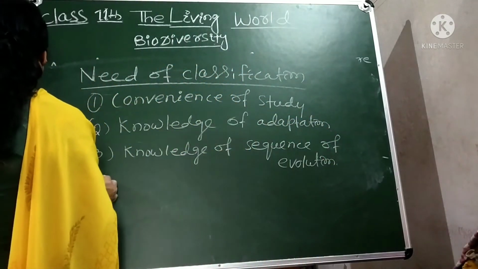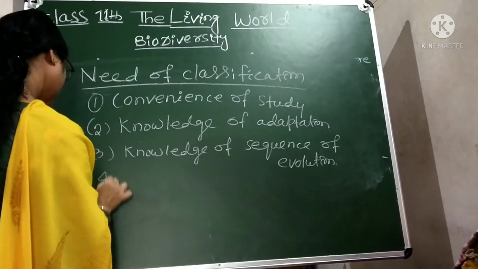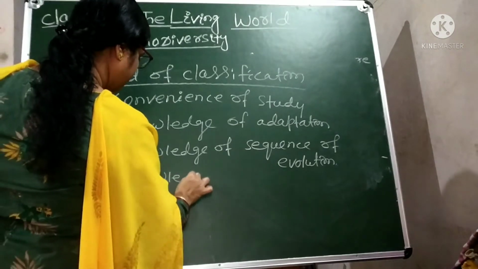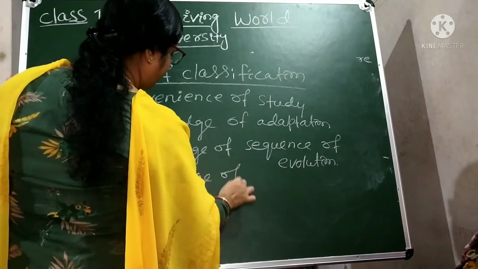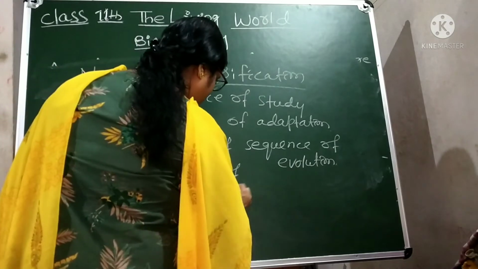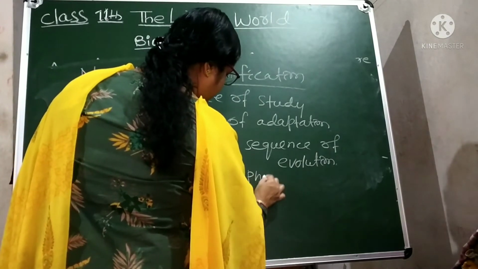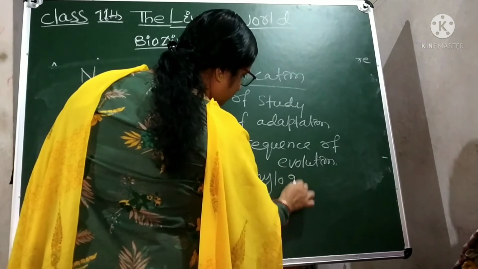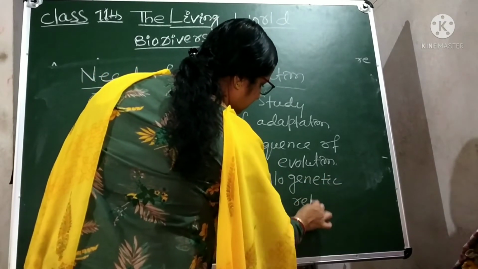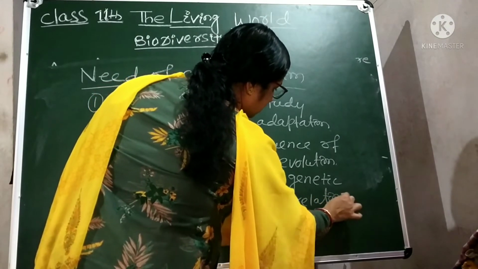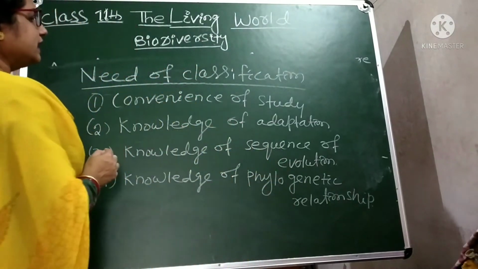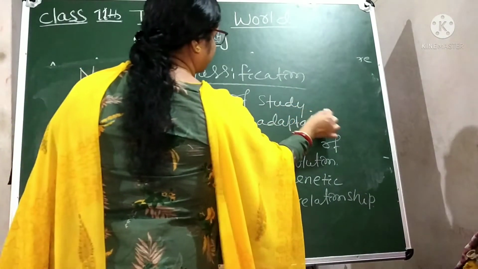Fourthly, knowledge of phylogenetic relationship. Okay, what are the needs of classification?